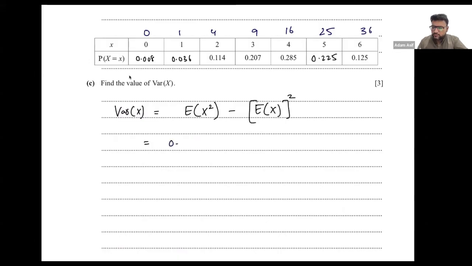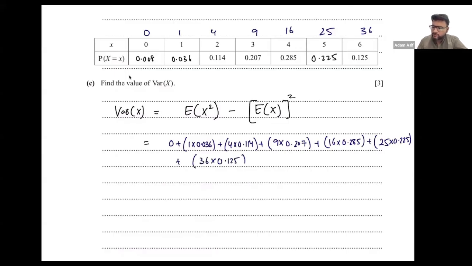Okay, so 0 plus 1 times 0.036 plus 4 times 0.114 plus 9 times 0.207 plus 16 times 0.285 plus 25 times 0.225 plus 36 times 0.125.